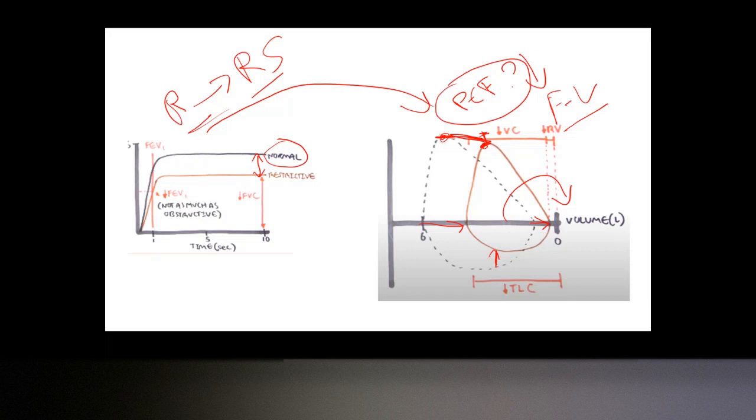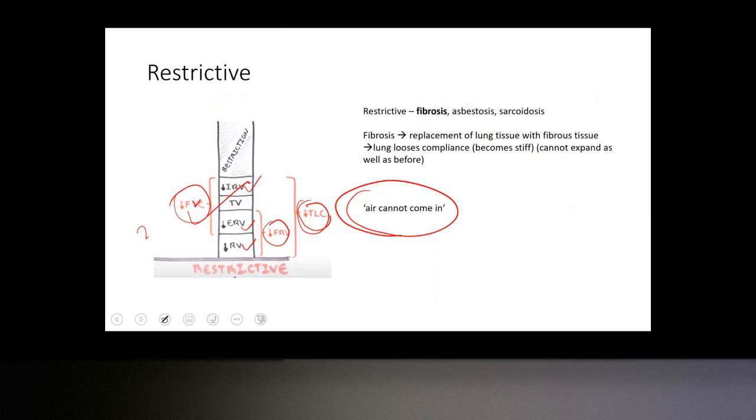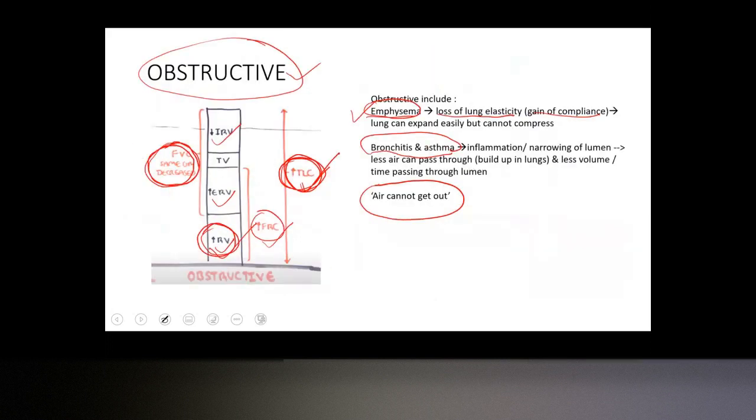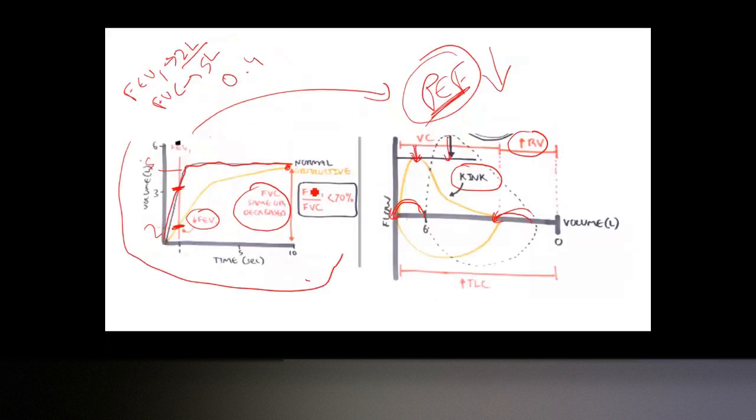So the forced expiratory volume at 1 second won't change so much. So that's why it's approximately the same. There will be a small decrease, but not so much. The biggest change would be in the vital capacity in restrictive. So to summarize both of them, in obstructive, we have the ratio in which the FEV is the main factor that drops.